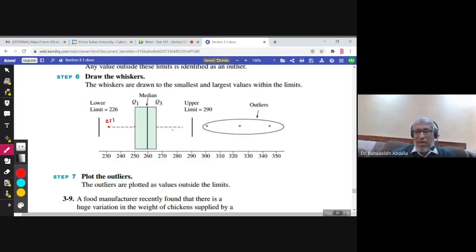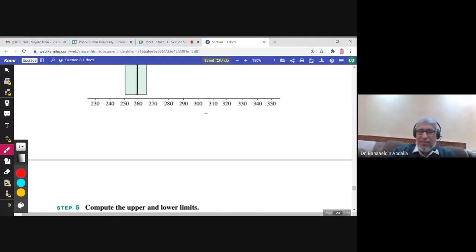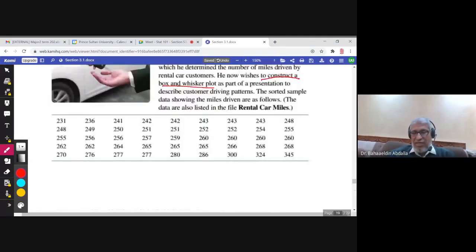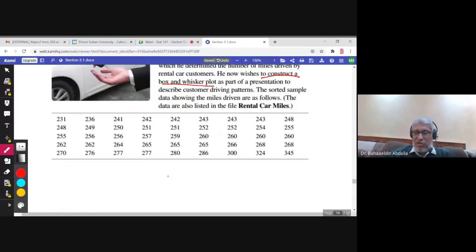How to determine the right whisker? Look at the upper limit. What is the upper limit? 290. I need the highest number in the data that is less than 290. Go to the data. Search. This is 286. After that, 300. So 290 is here. 286 is less than 290.